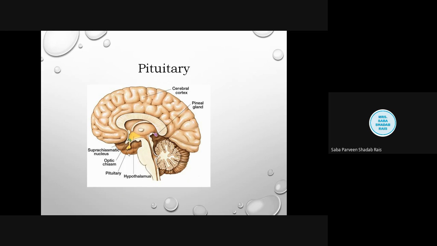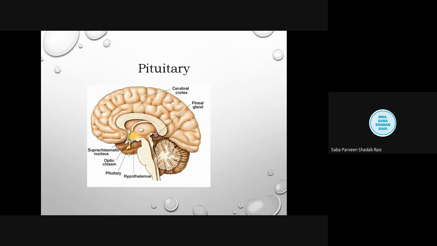And when you see its posterior part, it originates directly from the brain. So the posterior part is the outgrowth of the brain, but the anterior part is totally different. Is that clear?